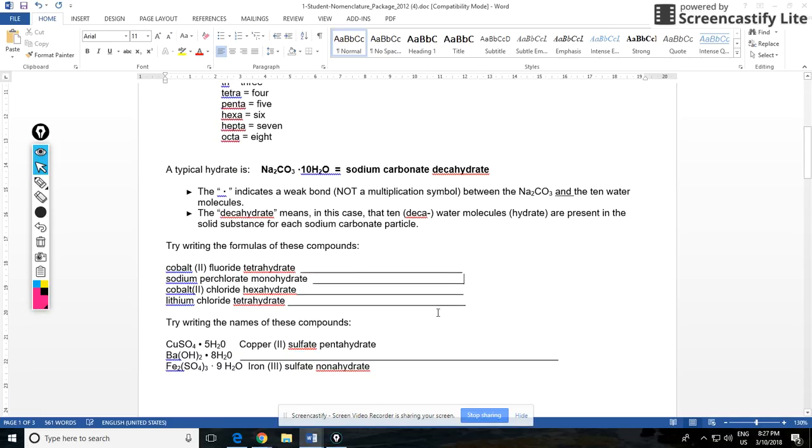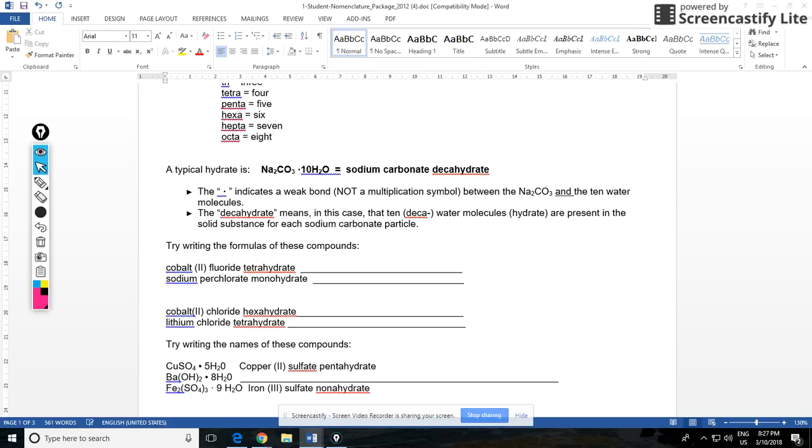So let's do this example here together, the sodium perchlorate monohydrate. So the first thing you need to realize is that you have sodium perchlorate. Remember your derived polyatomic ions. So sodium is Na+1. And perchlorate would be ClO4.